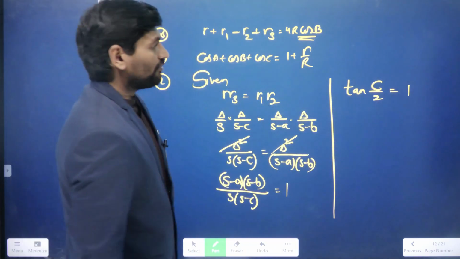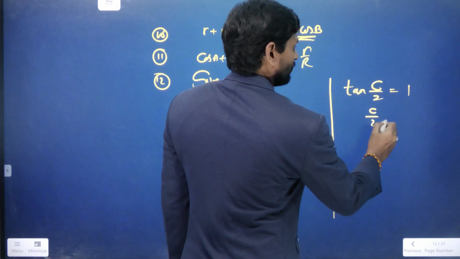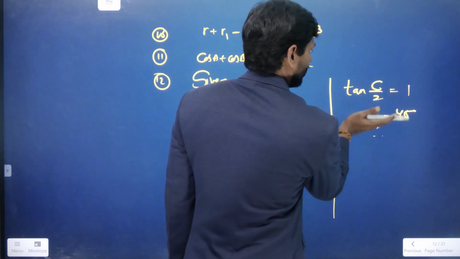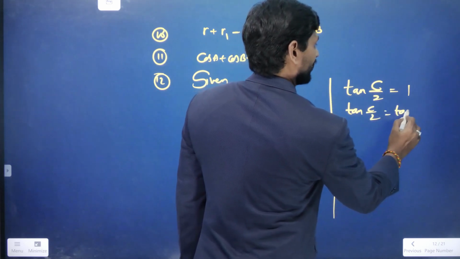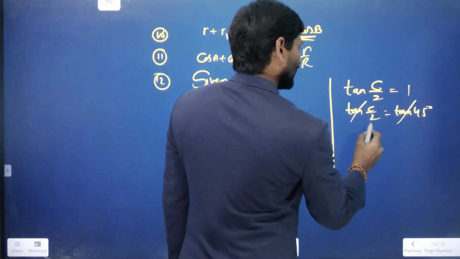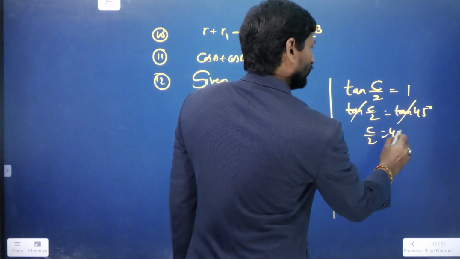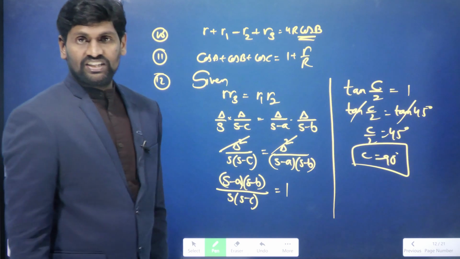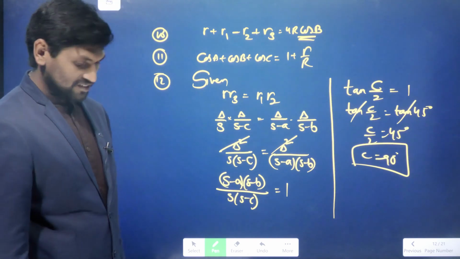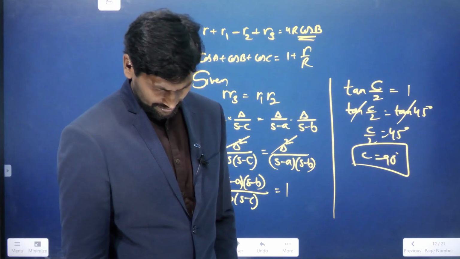Tan value 1 at 45 degrees. That means C by 2 is equals to 45 degrees, or you can write tan C by 2 is equals to tan 45. Both sides tan cancel. C by 2 value 45 degrees. C value is 45 into 2, 90 degrees. So answer is 90 degrees. You can take that.